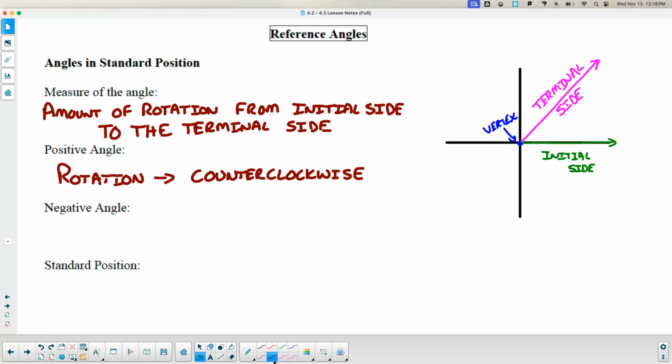If we are going with a negative angle, then our rotation would be clockwise.